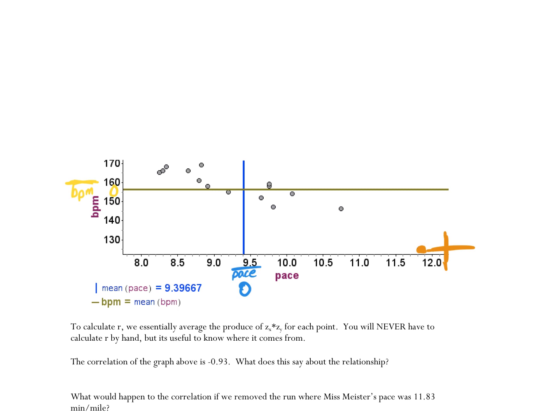And I move this way, and for this point, its z-score is also positive, but not as positive. Are we comfortable with that idea? And you guys kind of get what I'm saying? So everything to the right is going to be positive, but as I get closer to the line, it's getting a little bit smaller.